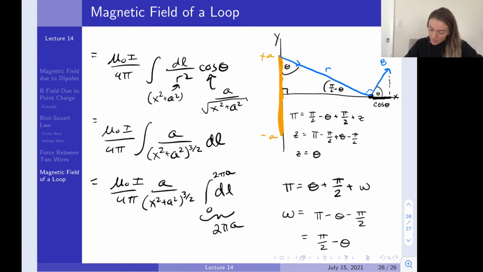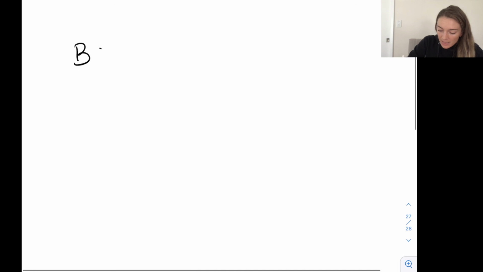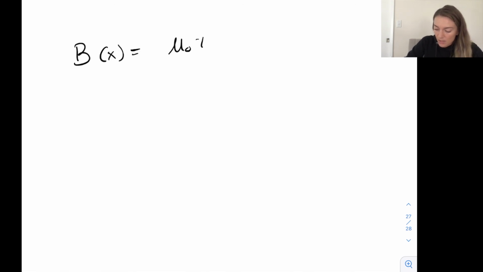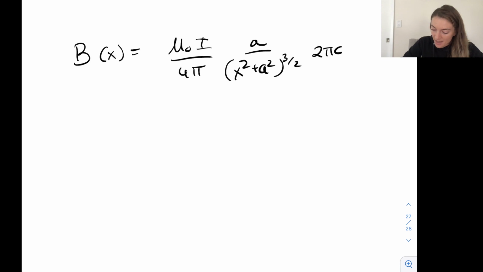So overall, let me rewrite all of this out again. My magnetic field along that axis was mu naught I over 4 pi, then I had a over x squared plus a squared to the 3/2, and then I just had a 2 pi a.